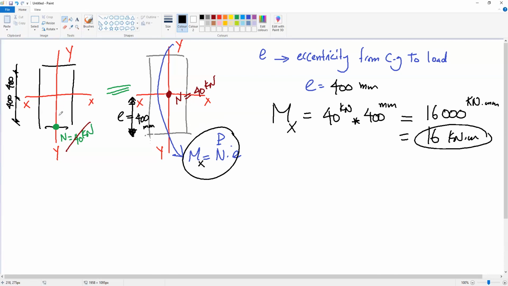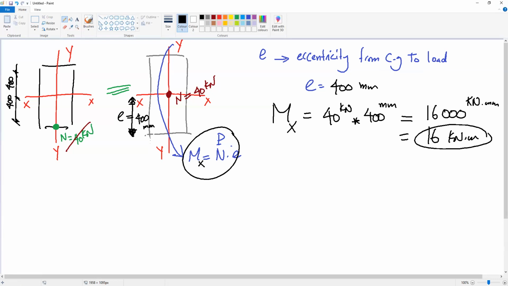Does this force have a distance from the y-axis? No, because the force is located on the y-axis. So there is no eccentricity from the y-axis. The eccentricity is only from the x-axis. That's why it is moment about x.